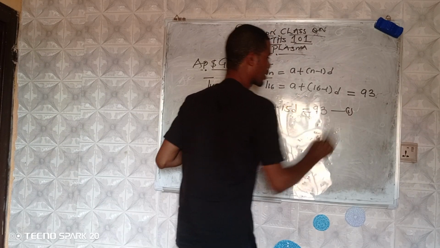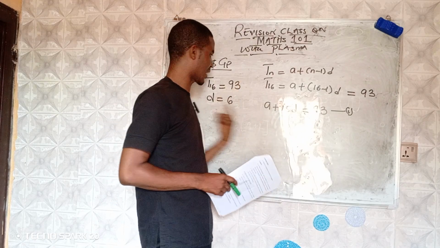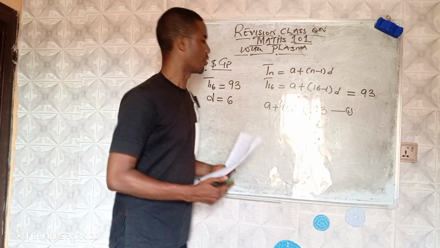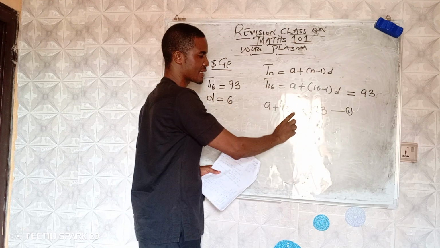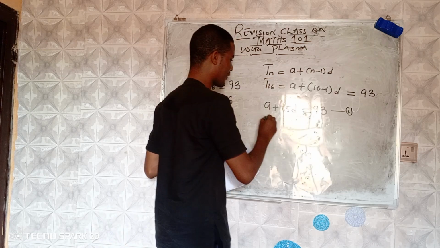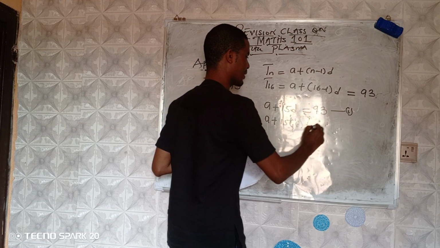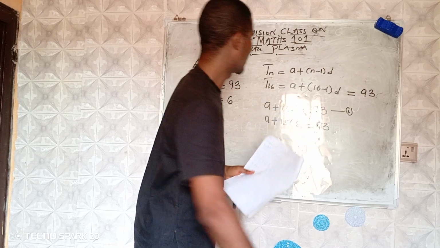This is the equation they are talking about. So when they say that the 16th term of an AP is 93, they mean that a plus 15d is equal to 93. Remember they now told us that the common difference d is 6. That means I have the value of d. So I have a plus 15 times 6 is equal to 93. They asked me to find the first term, which is a.